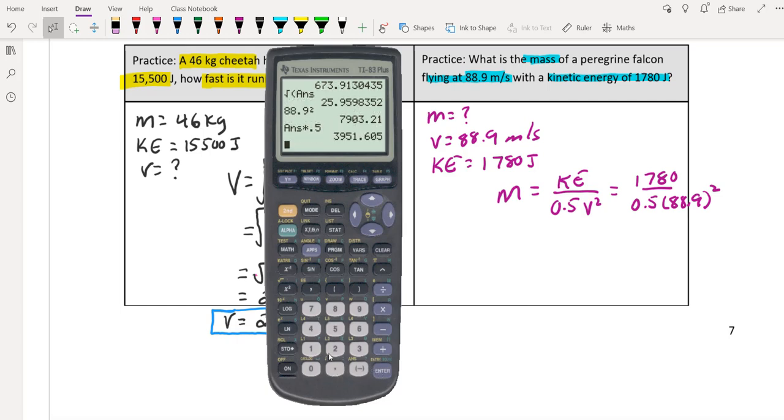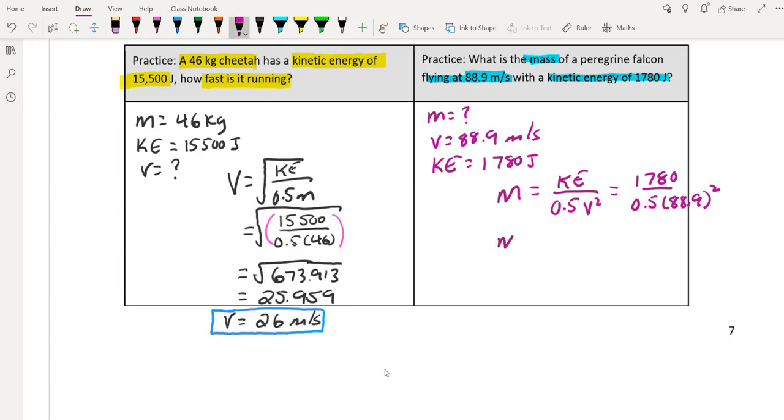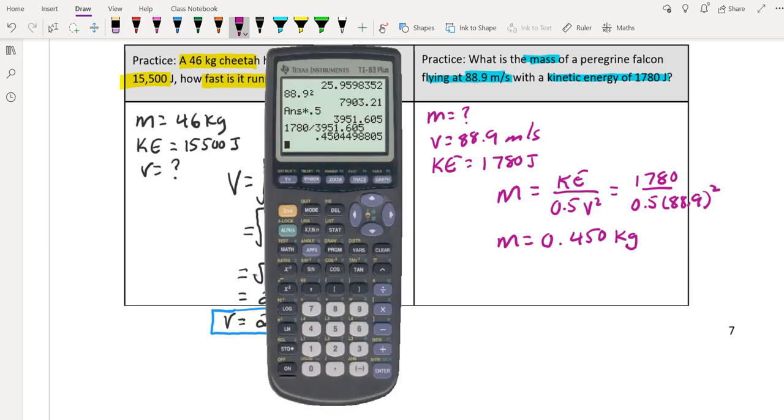Then I'm going to take our numerator, 1,780, divided by our denominator value, 3951.605. We end up with 0.450. So our mass is 0.450 kilograms.